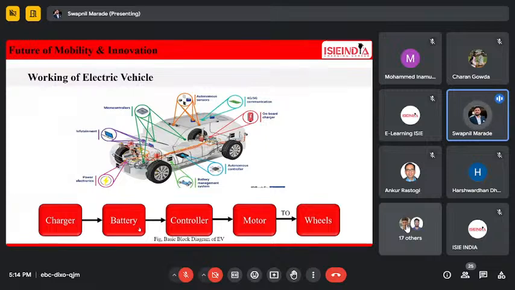The controller manages the current sent to the motor, and the motor converts that electrical energy into mechanical energy and sends it to the wheel with the help of a differential, chain drive, or belt drive. So the wheel is rotated and the vehicle moves. This is a basic block diagram of an electric vehicle. There are many other components, but these are the main components.